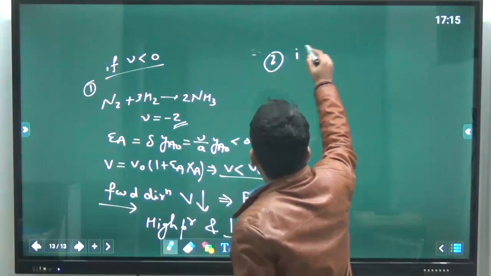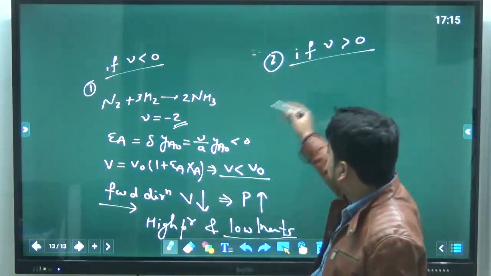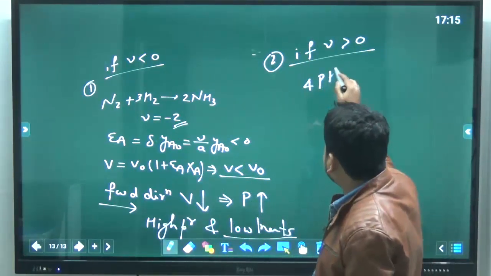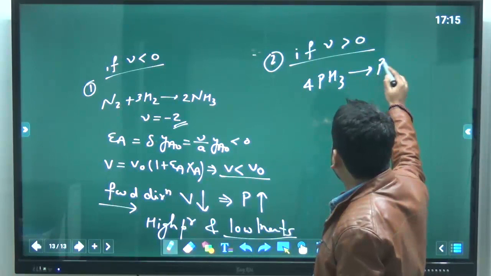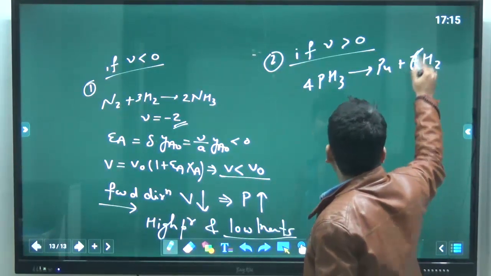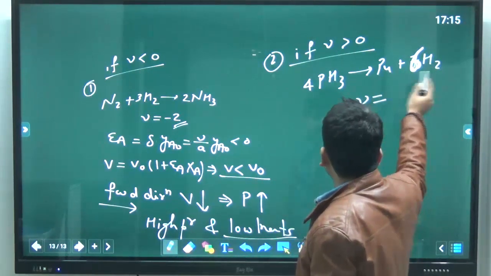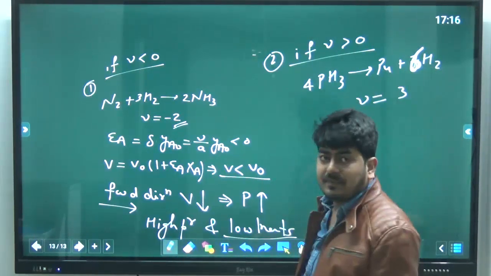Similarly, in the second case, if the overall stoichiometric coefficient is positive, for example the decomposition of phosphine, in this reaction you see this is 6H2. The overall stoichiometric coefficient is 7 minus 4, which is 3.